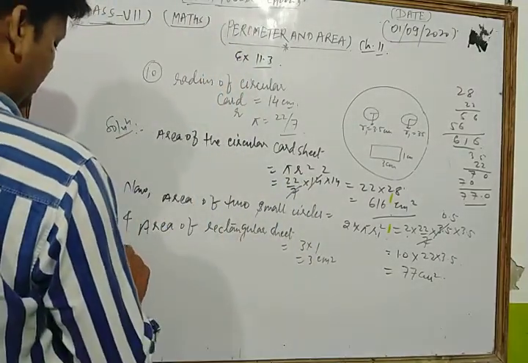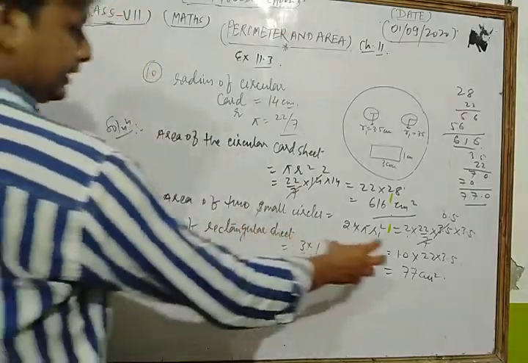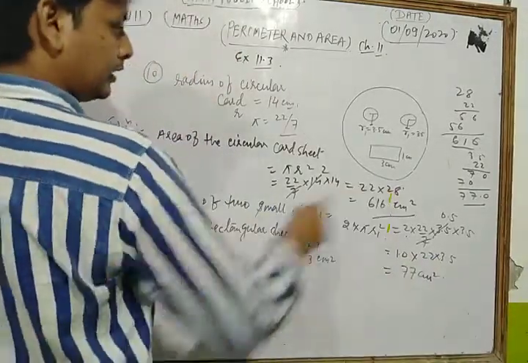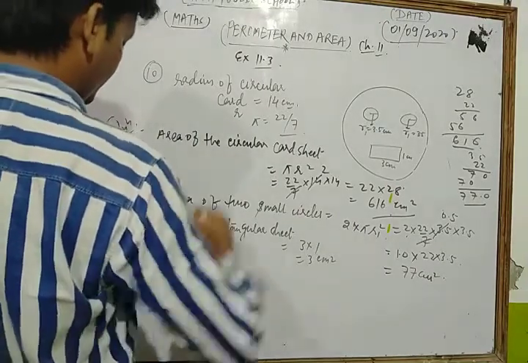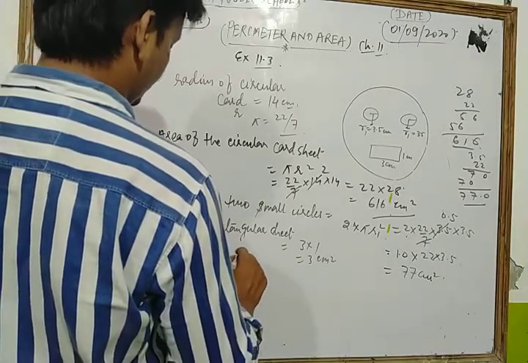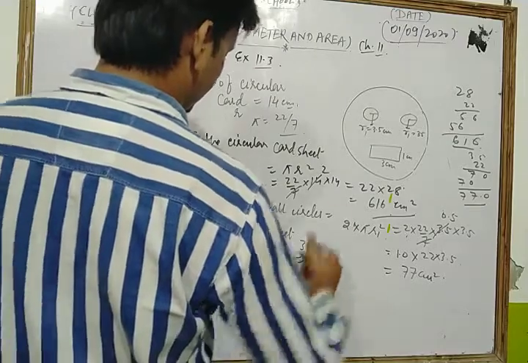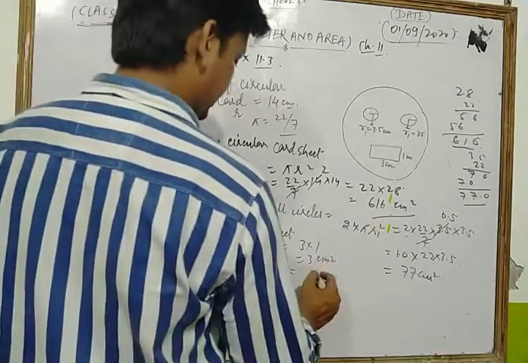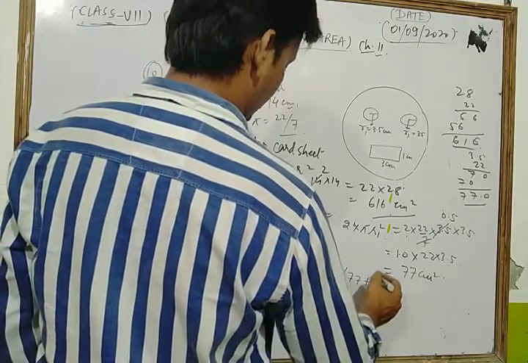Now the area of the remaining sheet. Because those regions are removed from the circular sheet, the area of the remaining sheet is equal to 616 minus 77 plus 3.